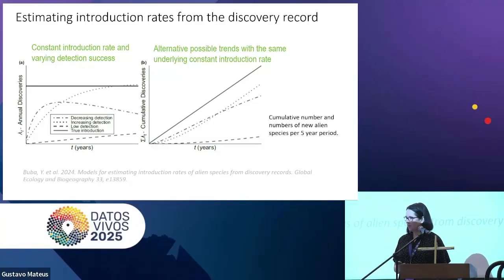And this figure in a paper by Hezi Buba and colleagues shows very nicely what the problem is. On the left, the black line illustrates a constant introduction rate. So let's just assume we're getting the same numbers of new alien species establishing every year. The dotted lines underneath show 3 different scenarios for effectiveness of detection. The top 2 show a much higher level of detection. The bottom one, of course, is a low level of detection.